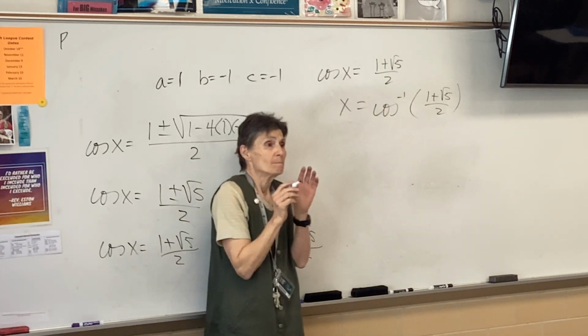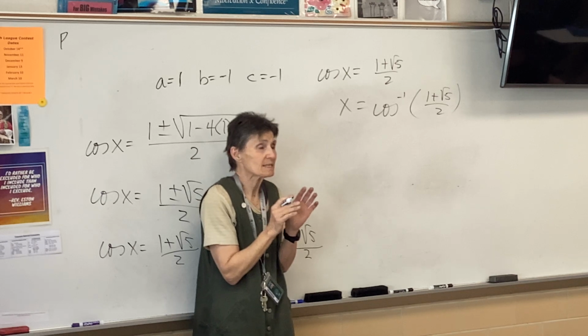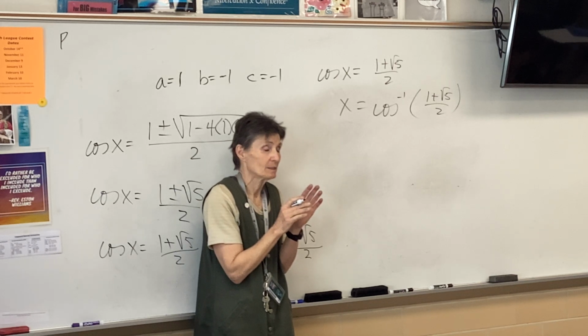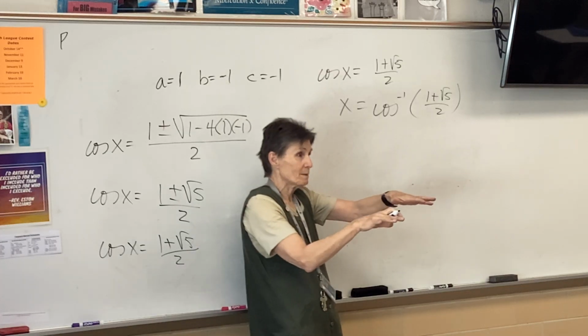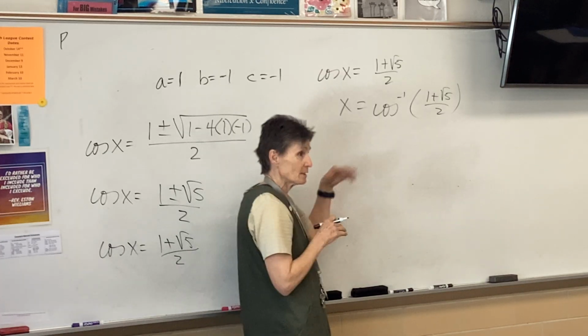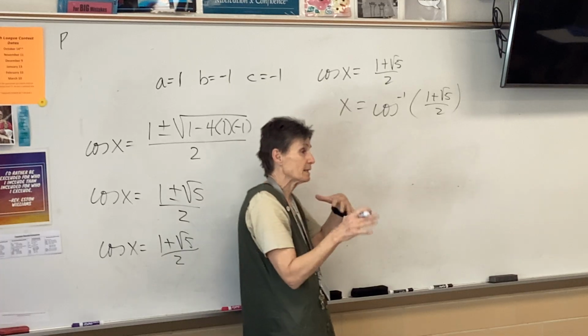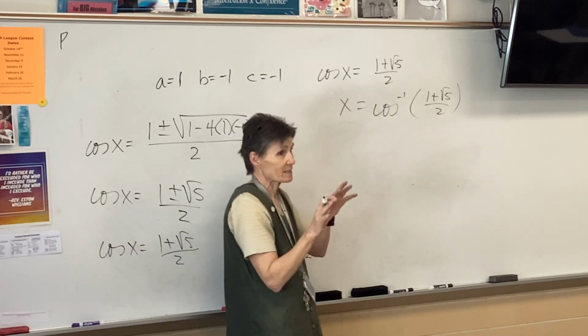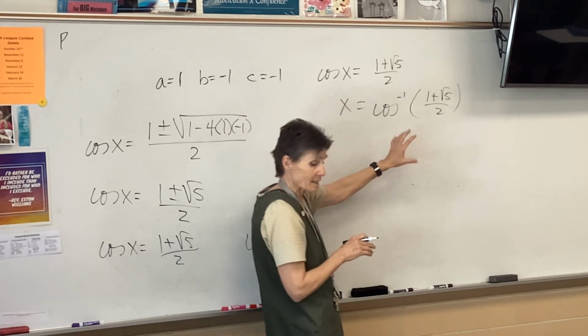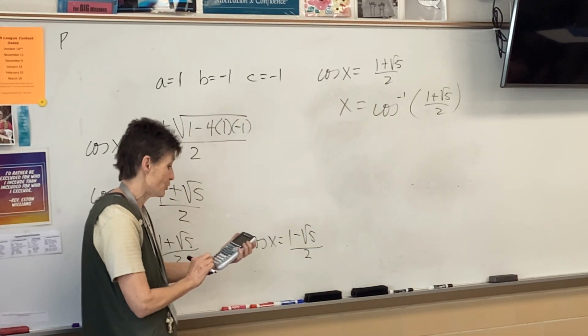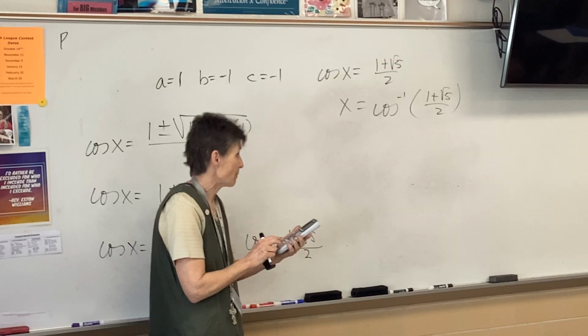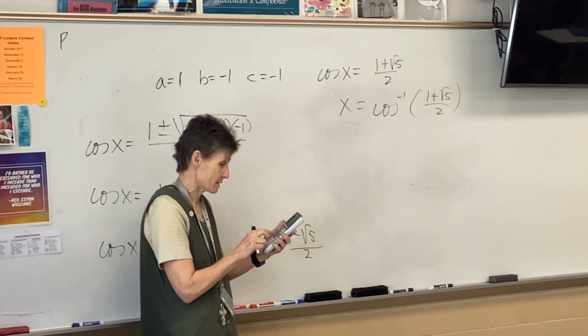Now, be really, really careful. This can be tough to type in. So go ahead and type in how you think it will be, and then I'm going to type it in and we're going to check. If you didn't get the right answer, I'm going to give you a suggestion. But you might be able to type that in relatively easily with your newer calculators. It is a pain with the old ones.